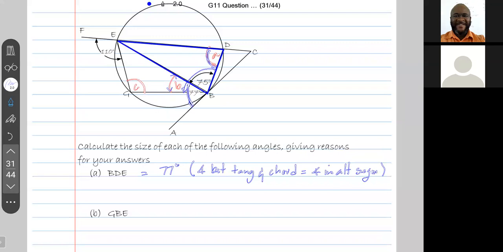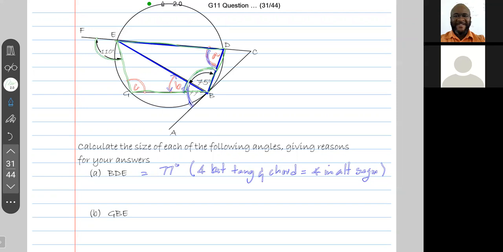Next, we need to find the angle at B. All right, so let's change this up a little just to answer that. To find the angle at B, you have to recognize that this shape is a cyclic quadrilateral. And the exterior angle of a cyclic quadrilateral is equal to the opposite interior angle. So the 75 plus the B is the opposite interior angle.